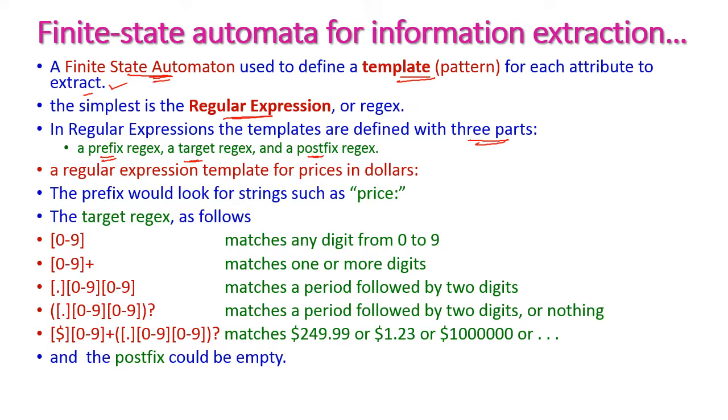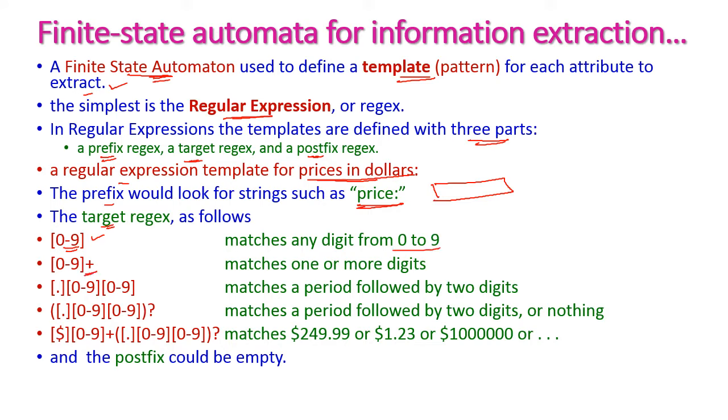Let us see one example for defining the price in dollar by using regular expression. Here the prefix is price. Price is the prefix and then the target regex. So here we have to display the numeric value. If it is a single digit, we can give likewise. So the numbers 0 to 9 will be printed here.